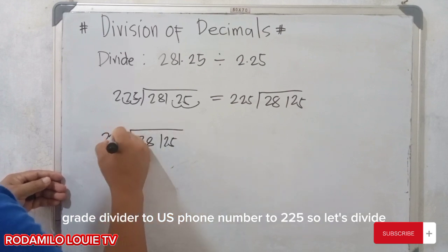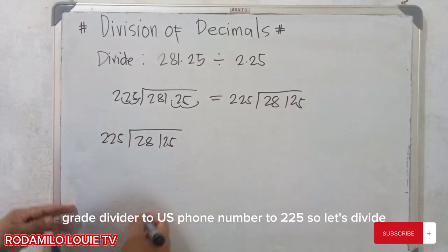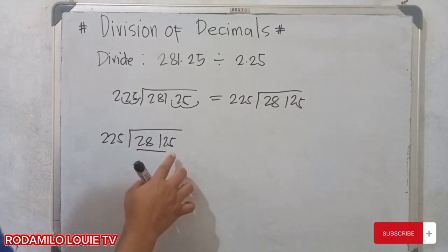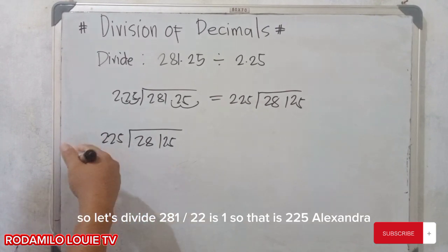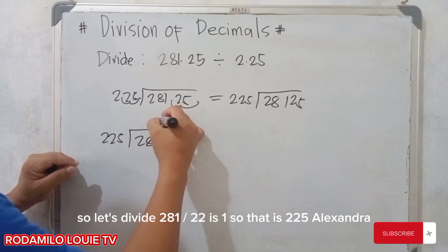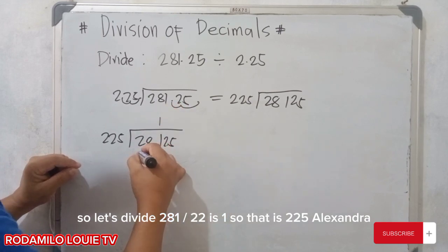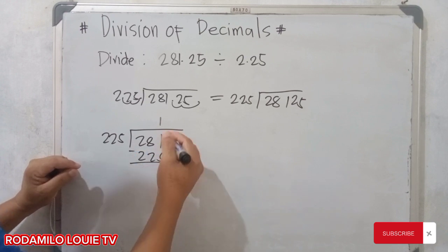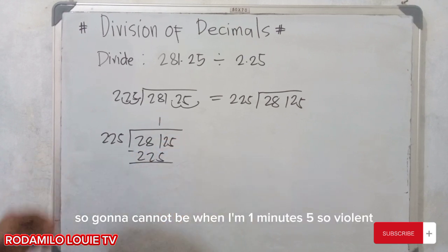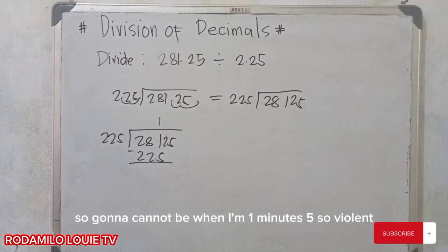So 225. So let's divide, kana 281 na itong i-divide una. So 281 divided 225 is 1. So that is 225. Let's subtract. So cannot be man ang 1 minus 5.